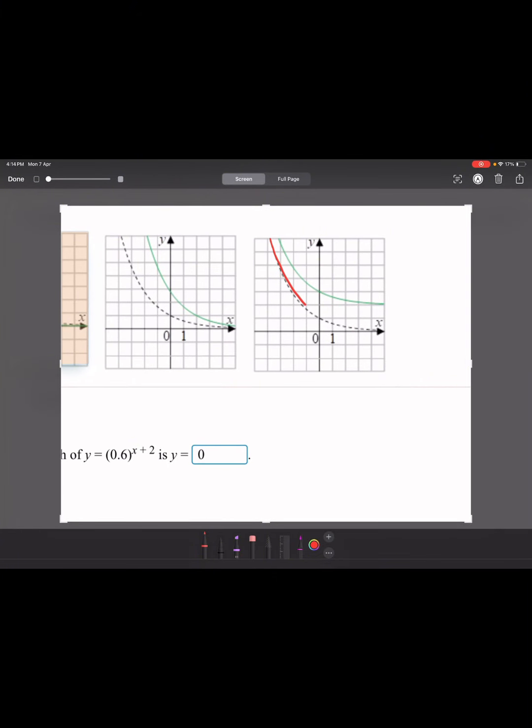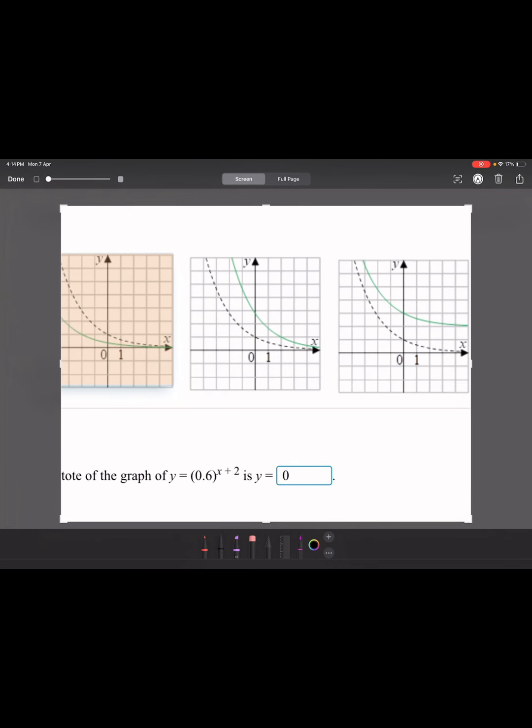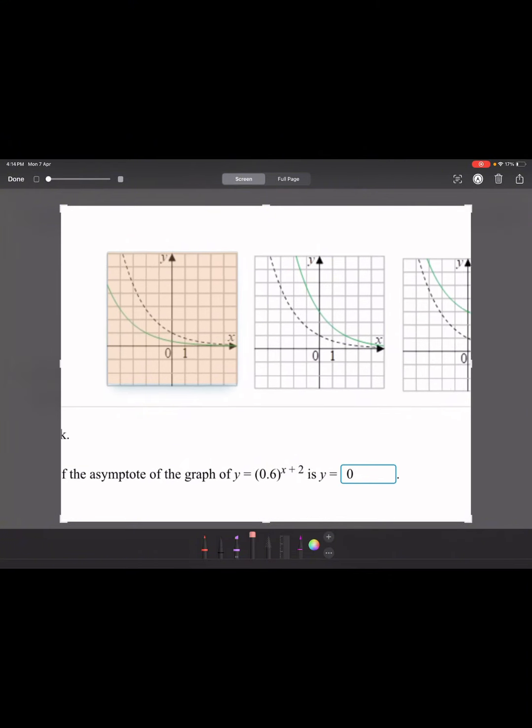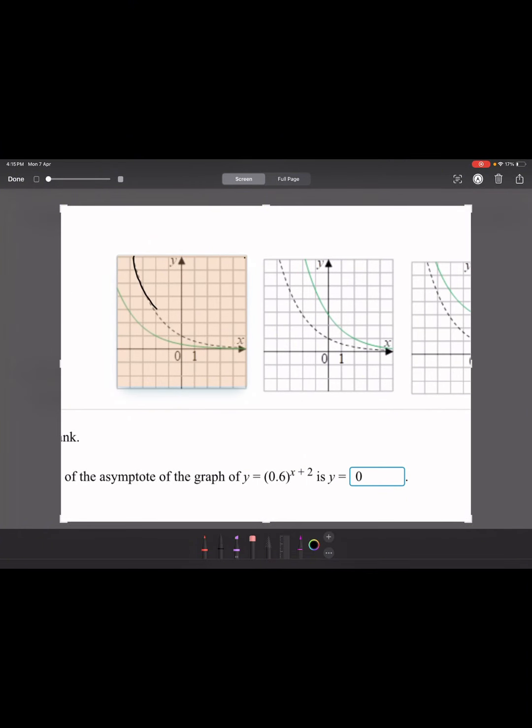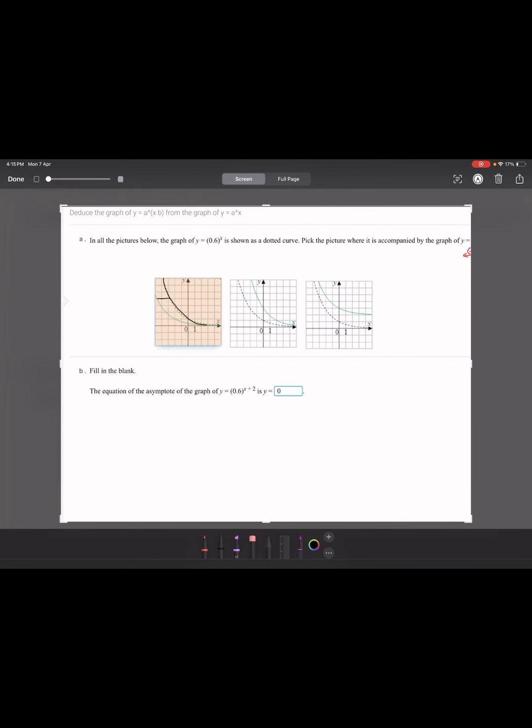This is the original function. Here they're moving it right, so this is not correct. Here, again, they're moving it right, not left, so this is not correct. Here they're moving it left, and they're moving it 2 boxes to the left, so it's correct.